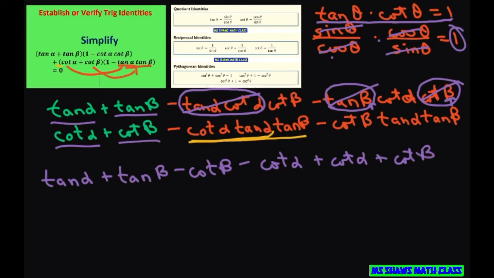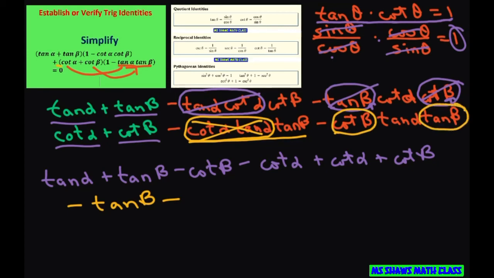Here's our two alphas, so that equals 1. 1 times tan of beta, that's going to be minus tan of beta. Minus, and here are our beta angles. Cotan of beta times tan of beta is 1, so you have minus tan of alpha.